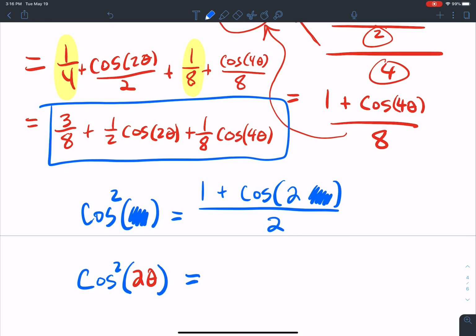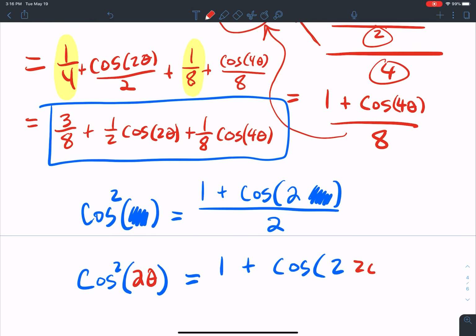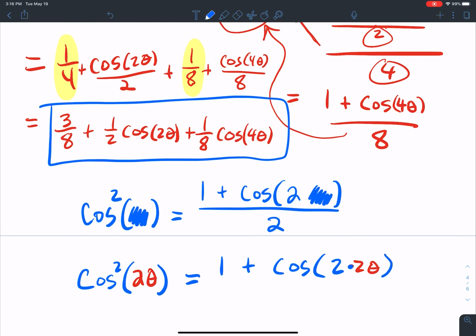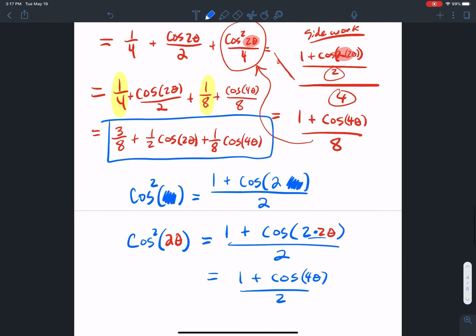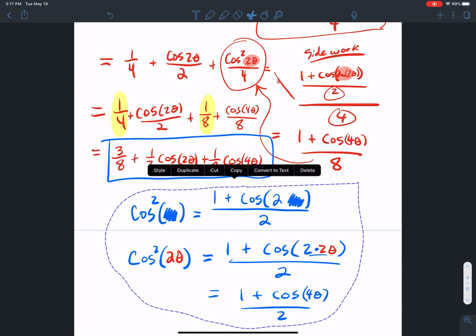So this is equal to 1 plus cosine of 2, and then my blop was 2 theta, all over 2. So that's why I got the 1 plus cosine of 2 times 2 gets me 4. That's where that 4 came from. So hopefully that helps you. If not, just take a look at it a little bit more in detail later, and maybe it will start making sense for you. Okay.